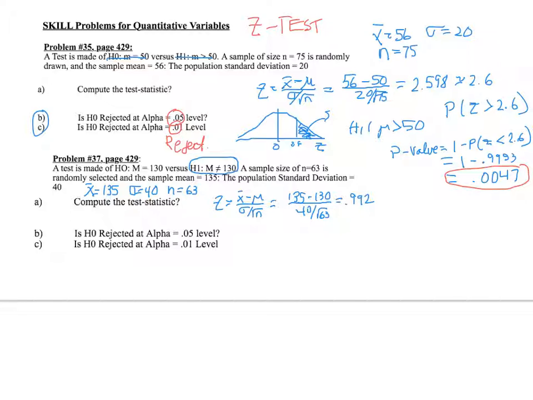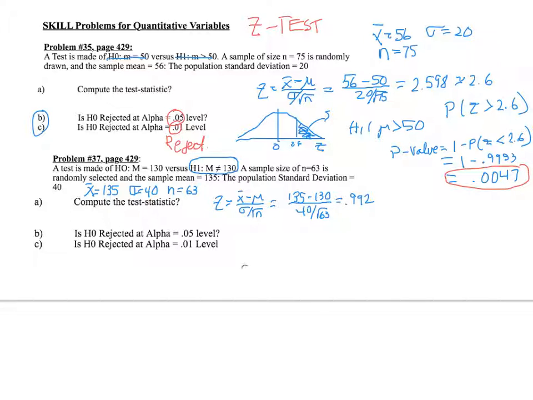And now here's where things change a little bit for our p-value. When we have a two-tailed test, we have to consider both the top portion of the tail as well as the bottom portion of the tail.